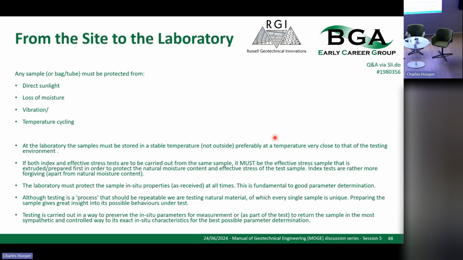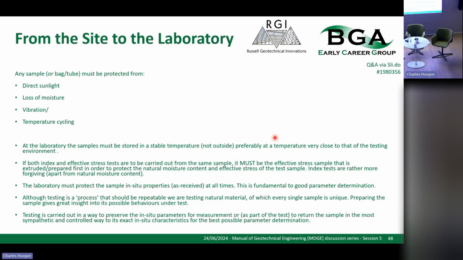And one of the most interesting things, one of the little sidelines, I will call it: if a tube sample is labelled that there are some index tests on it and that there is also an effective stress test, please tell the laboratory the effective stress test comes out of the tube first.